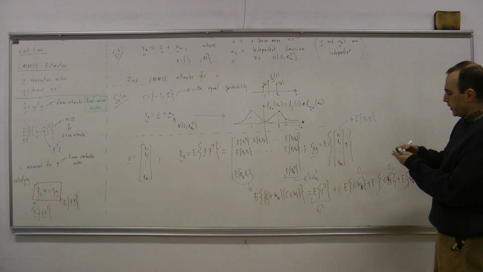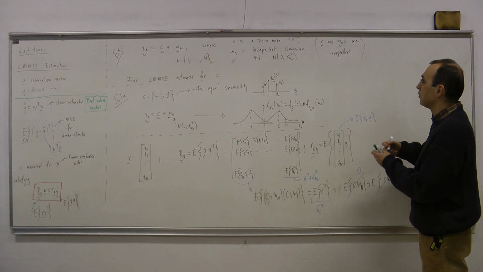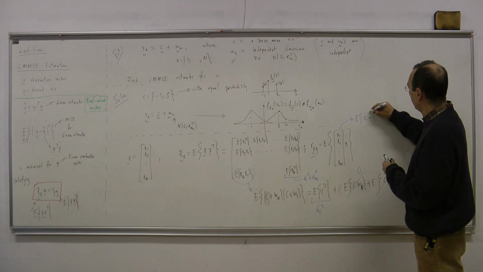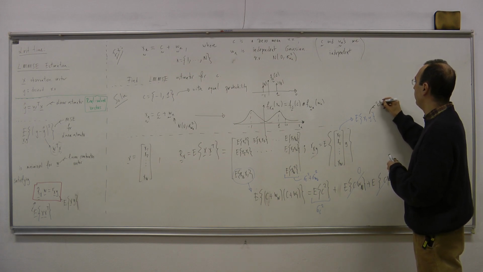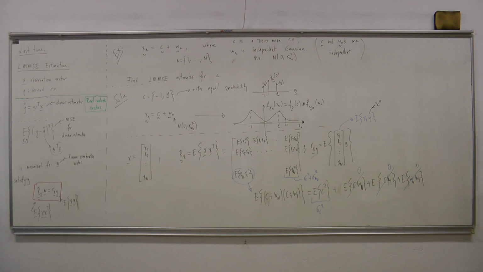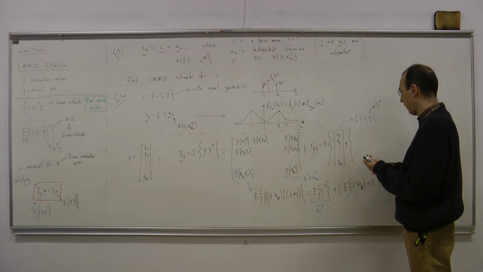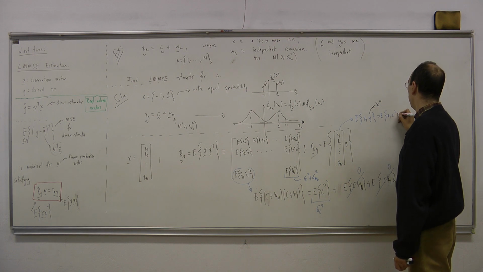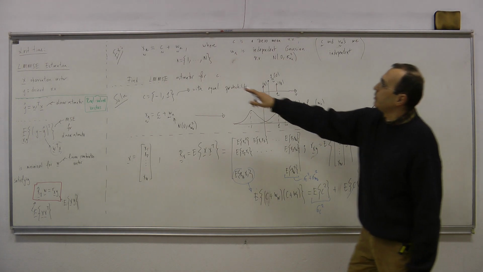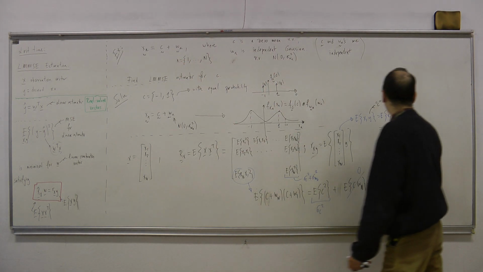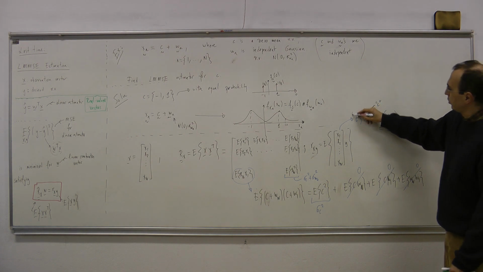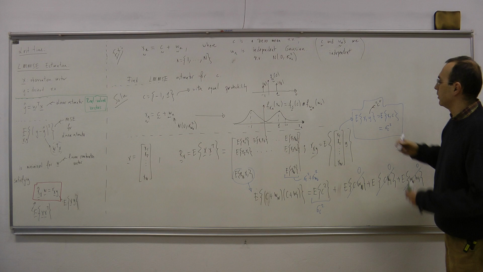But y is equal to c, the desired random variable. I'm trying to estimate c. So this is equal to x1 times c. So x1 is this, times c is again sigma c square. So I have for this one something like that.